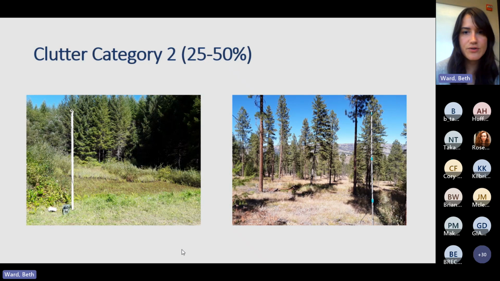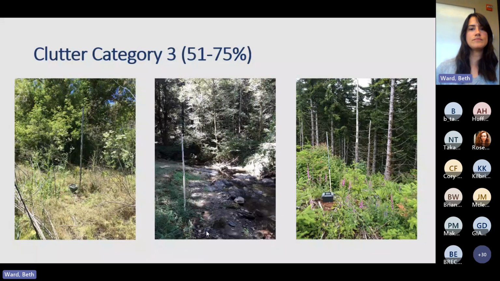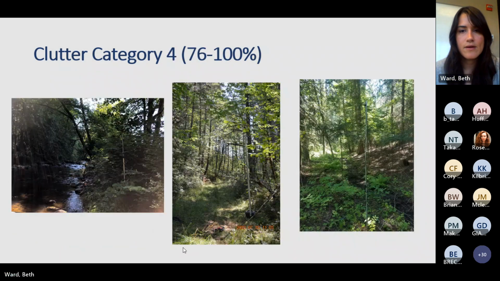Clutter category 2, you can see there's some vegetation, getting a little bit taller here. You could maybe set that out a little bit more from that edge. Clutter category 3, maybe a little more density to the structure of the forest around this detector setup. And then clutter category 4, 76 to 100%.